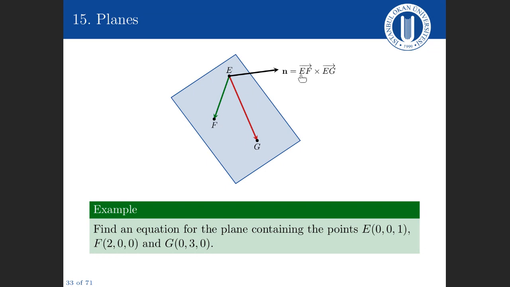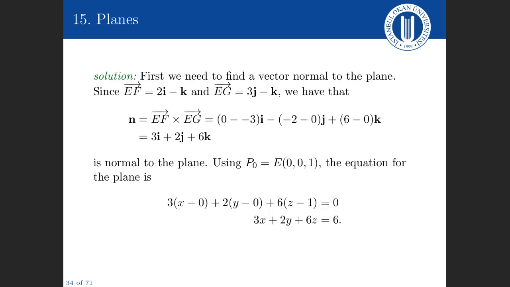We can take EF cross EG because this vector is perpendicular to EF. This is EF. This will be N. This was 90 degrees. And N is also perpendicular to EG. So we calculate that N is EF cross EG.